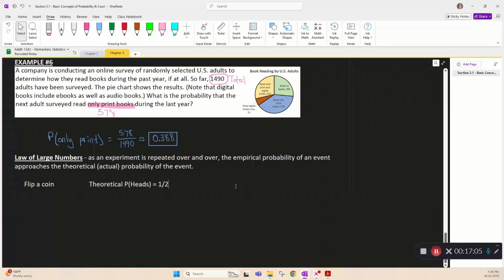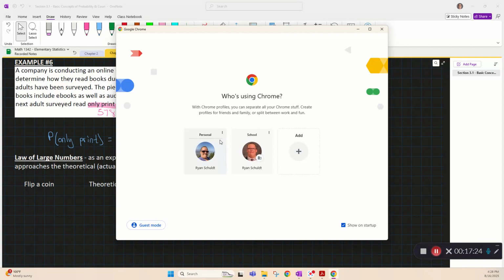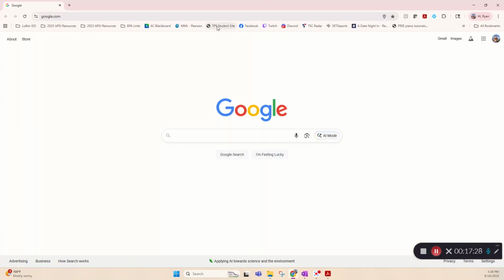But if I flip a coin twice, I could get heads both times. So the probability of a heads of those would be 1, not 1/2. What this is saying, I'm going to pull up a demonstration just so y'all can visualize it.